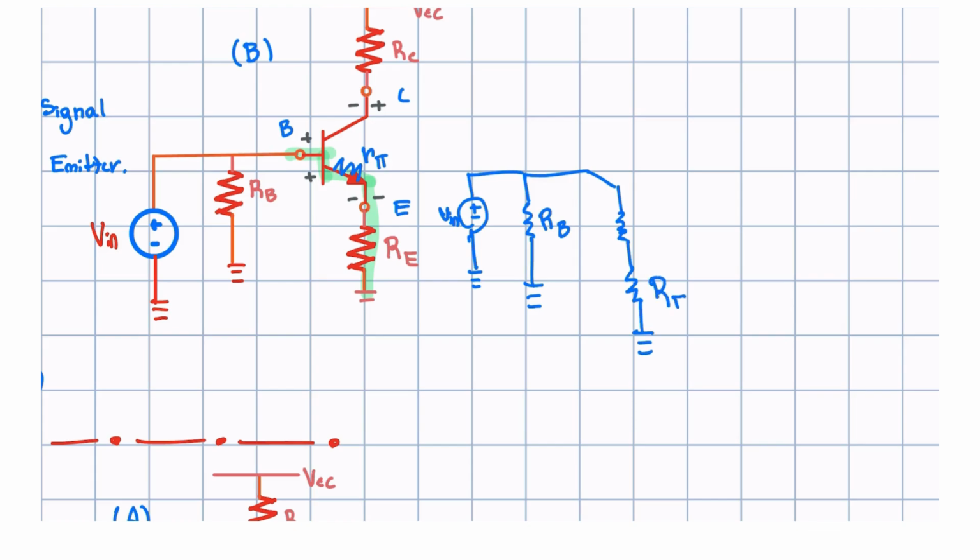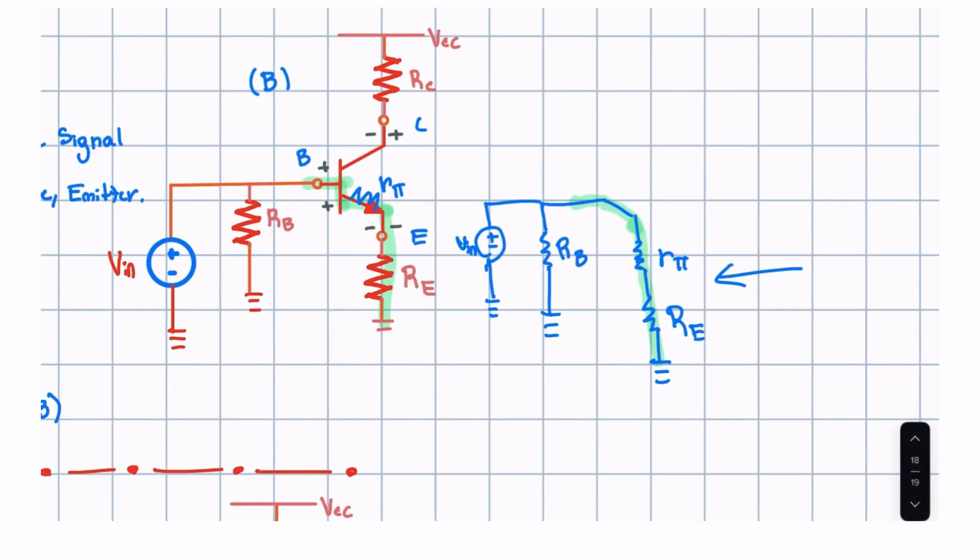So we have RE and R pi. To color code this, the green side on the left and the green side on the right are the equivalent of each other. What we notice when we look at this circuit to the right is that RB, R pi and RE are in parallel, and we know what to do when things are in parallel. So what we see is that RB is in parallel with the combination of R pi plus RE.